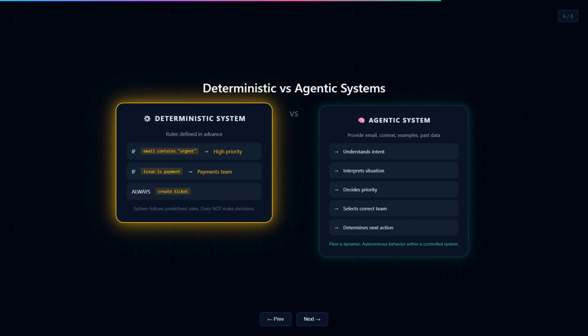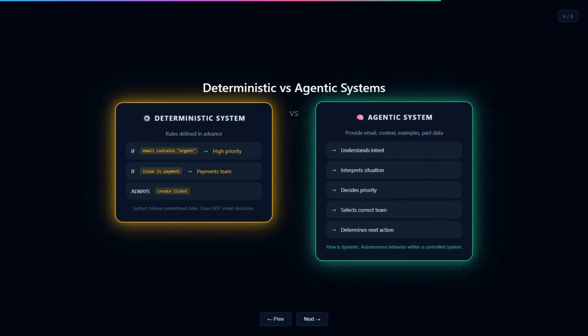Now compare this with an agentic system. Instead of fixed rules, we provide the email, context, and examples or past data. Like previous tickets created based on information provided by previous customers, we provide that information and examples, and we feed it to the large language model. Now the system can understand the intent, interpret the situation, decide the priority based on the previous tickets, and select the correct team.